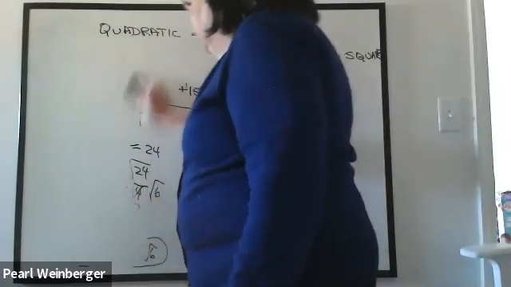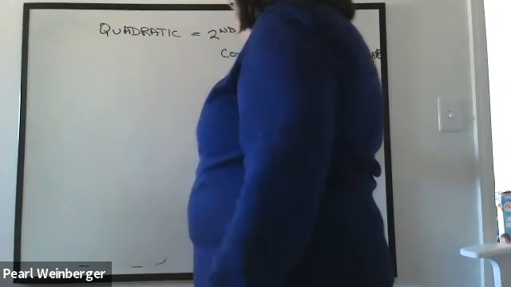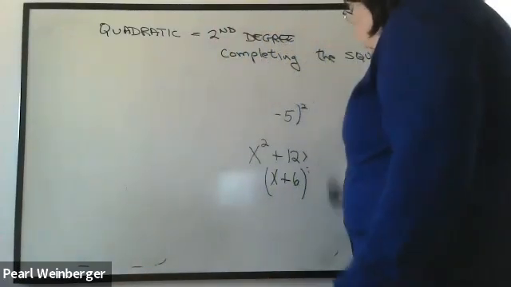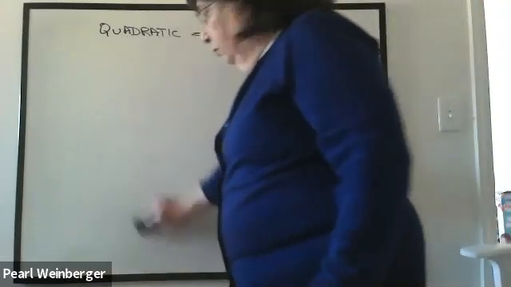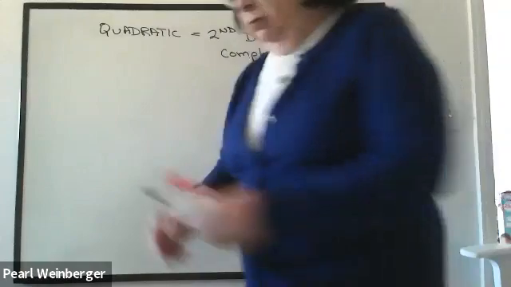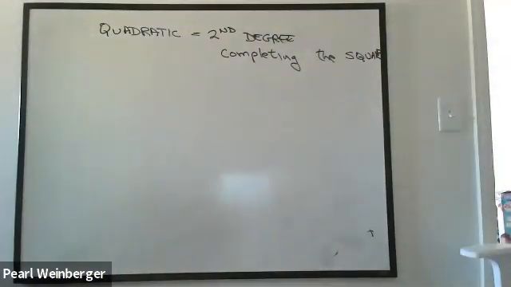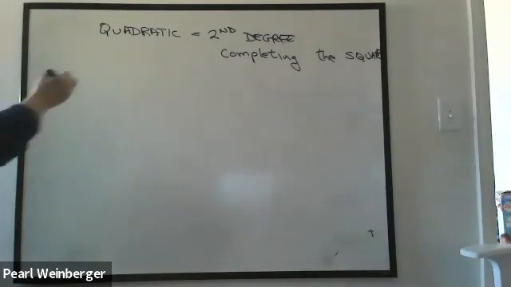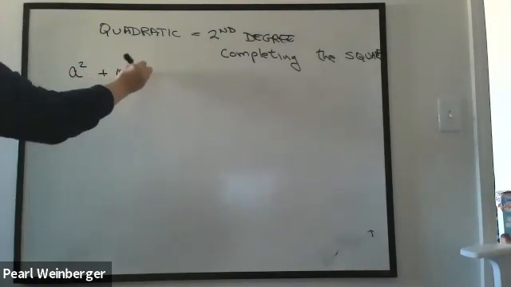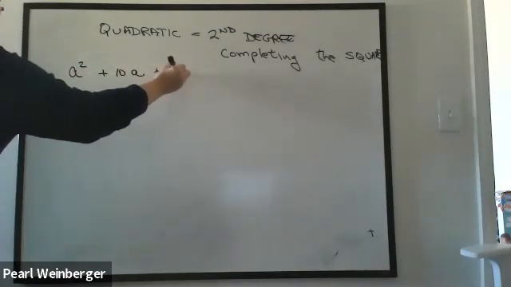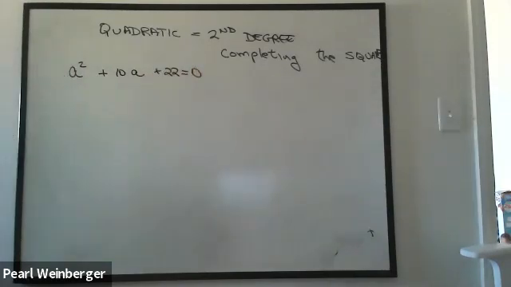I'm going to do one more and then I'm going to give you one to try. a squared plus 10a plus 22 equals 0. See it? Let's work on this together and then I'm going to give you one to try.